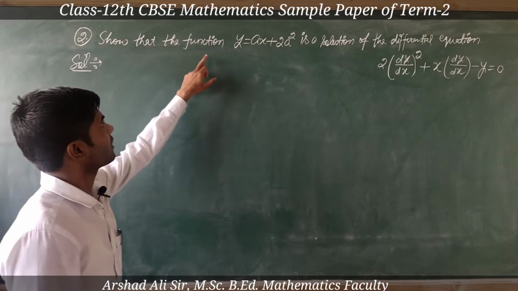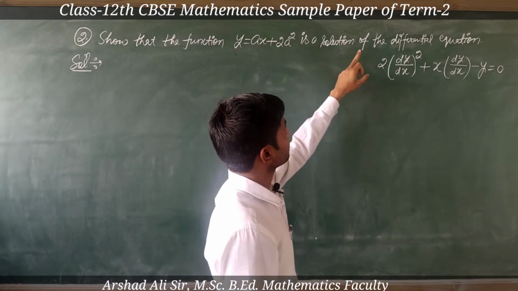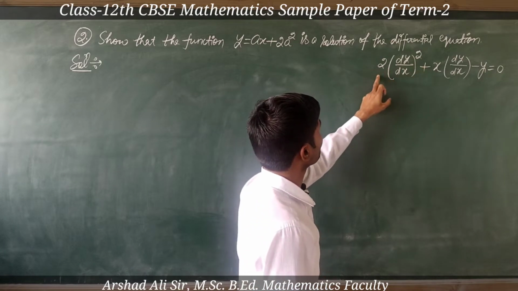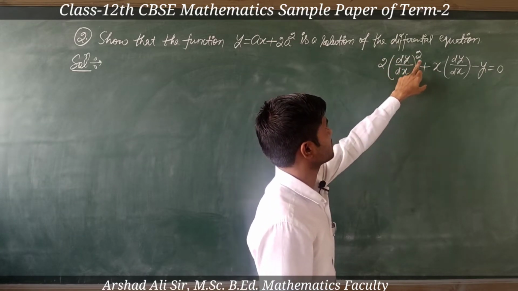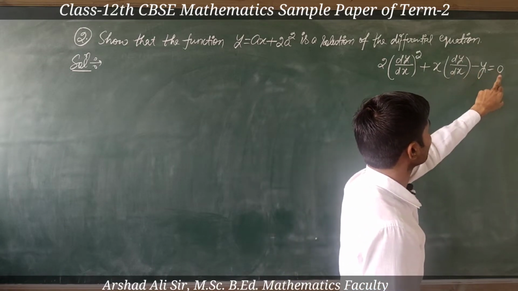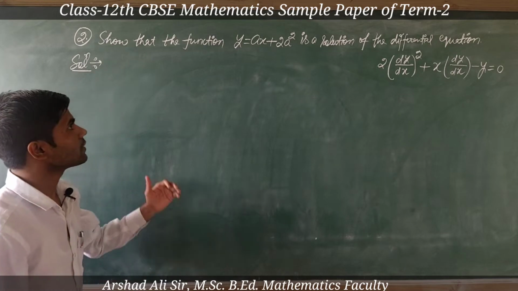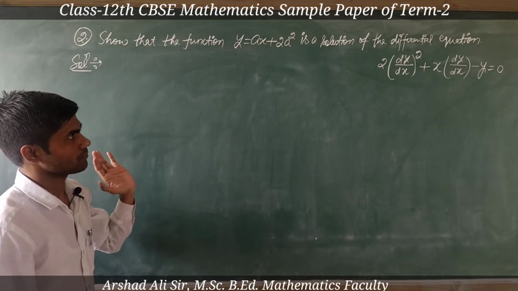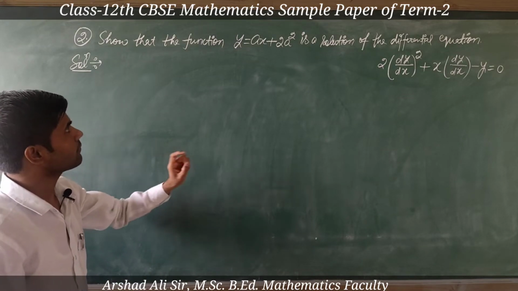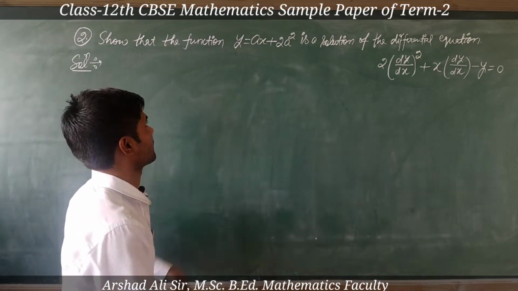Show that the function y = ax + 2a² is a solution of the differential equation 2(dy/dx)² + x(dy/dx) - y = 0. So in this question we have to find the value of dy/dx, and we can take help from this function, y = ax + 2a².